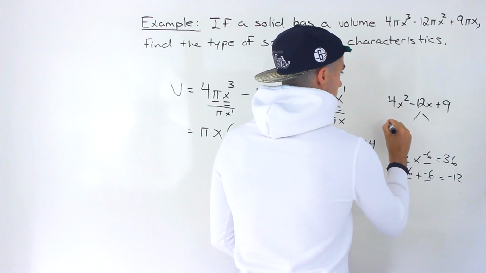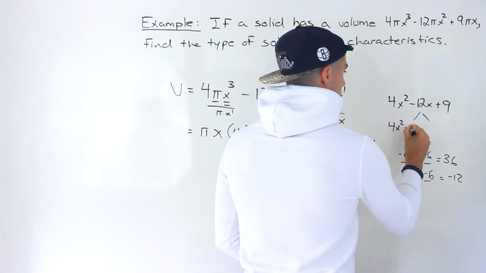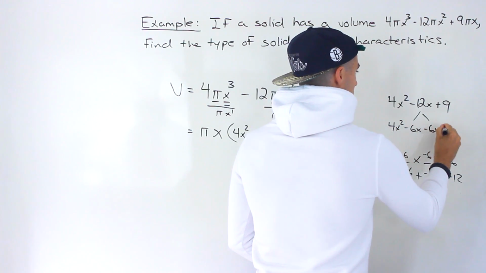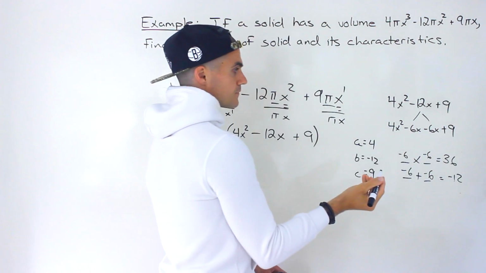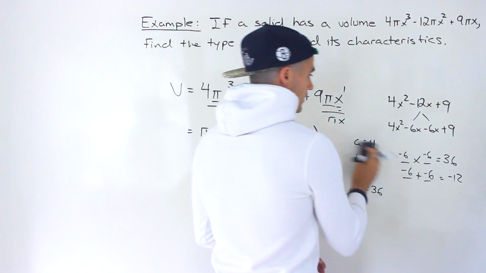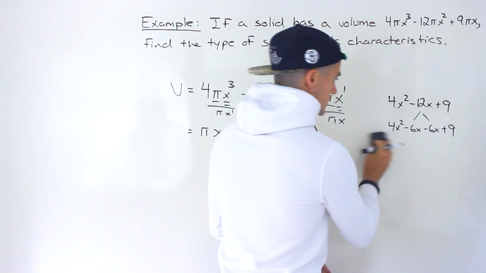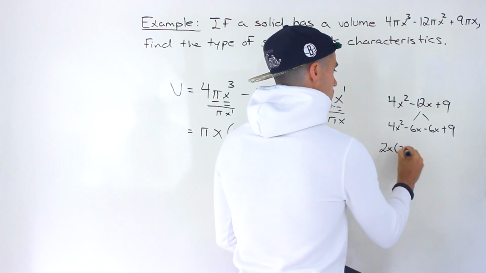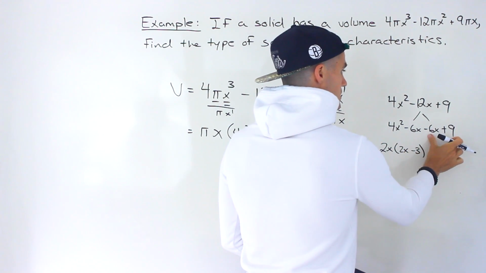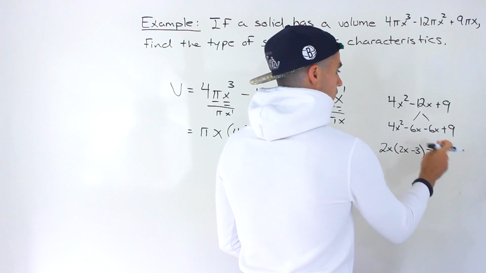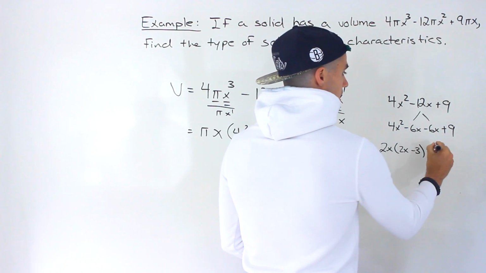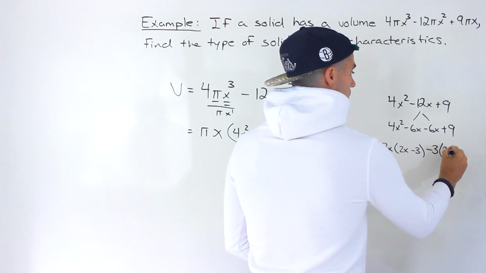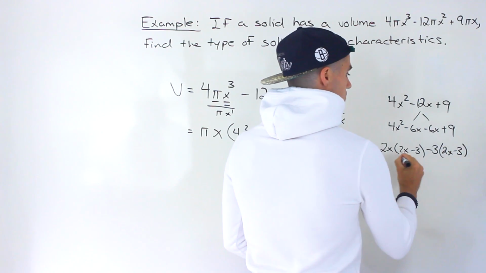So then we decompose that B value, and from here we can factor by grouping. From these two, we could take out a 2x, so we'd be left with 2x minus 3. From these two, notice there's a negative here, so we're definitely going to take out a negative value between 6 and 9. We could take out a 3, and we'd be left with 2x minus 3 again.